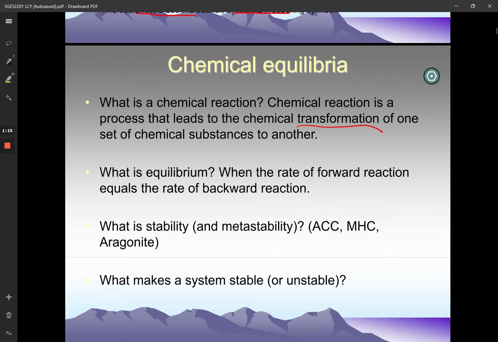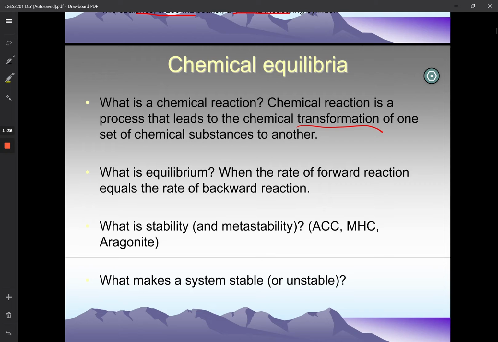When the rate of forward reaction equals the rate of backward reaction, this is known as equilibrium. So the reaction is in an equilibrium state.